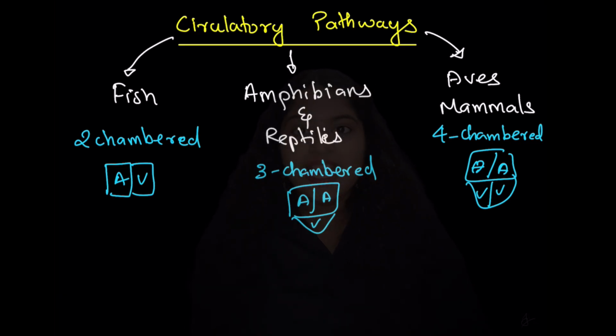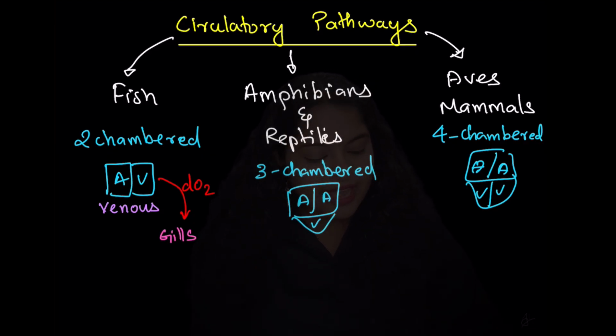And now we will see how the circulation takes place in fish. The fish heart is a venous heart. Why? Because this heart only receives deoxygenated blood. The heart will be pumping out deoxygenated blood, and this deoxygenated blood will go into the gills, where the blood will be oxygenated and taken to different parts of the body.